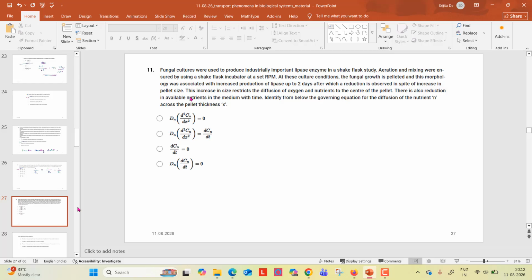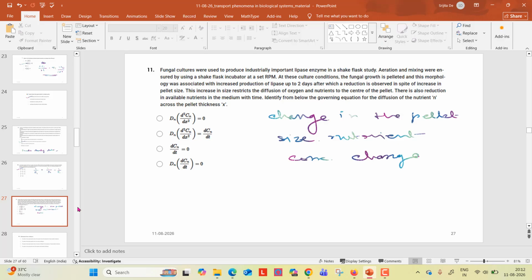So it has said that due to change in the pellet size, nutrient concentration changes with time, and also lipase generation is affected at the center.